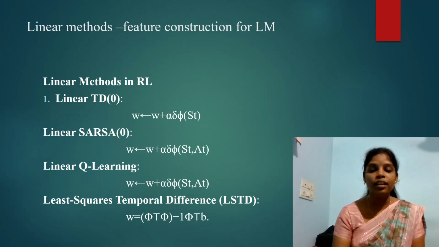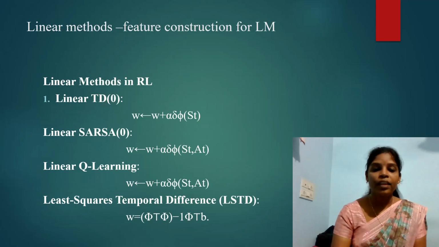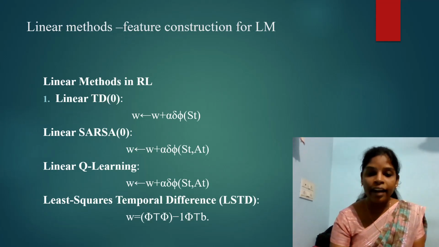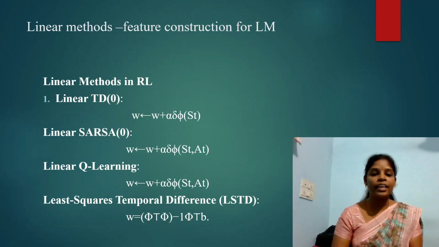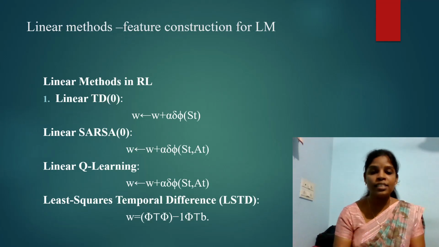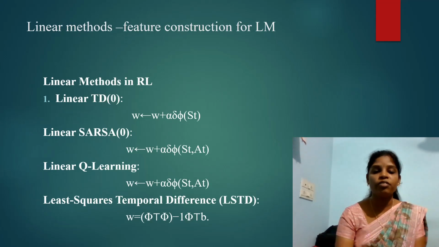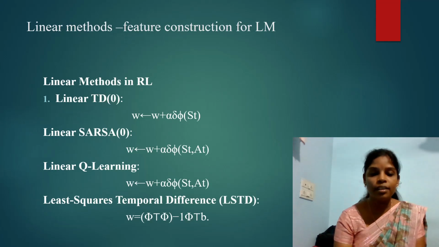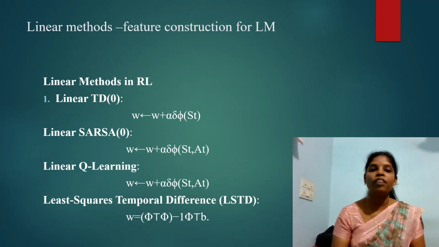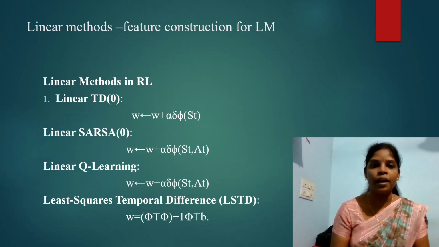So the least squares update adds alpha and delta to W, the parameters for S_t, A_t. So LSTD gives W equal to A inverse times b, that is, A to the minus 1 times b, where b is the feature construction vector of the linear method.